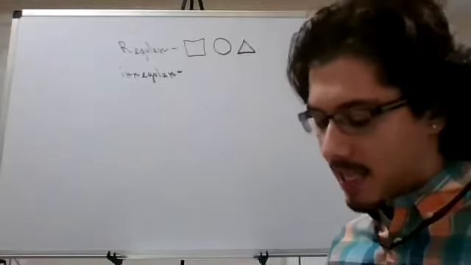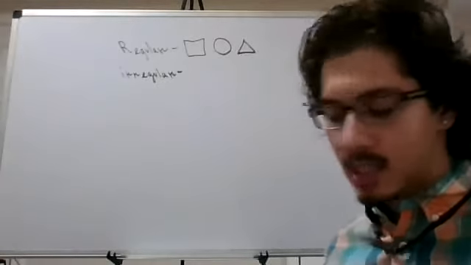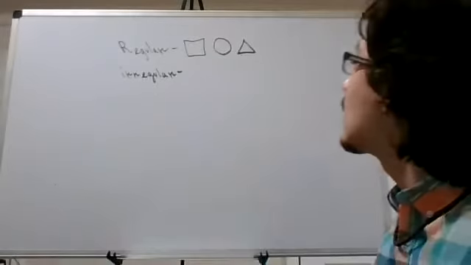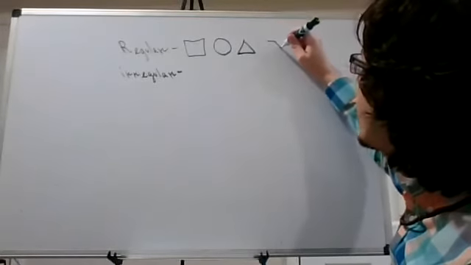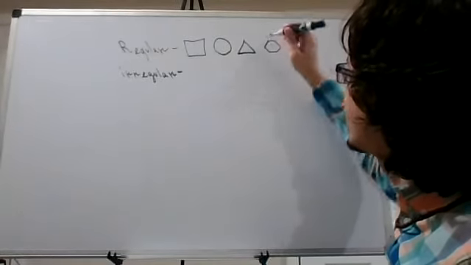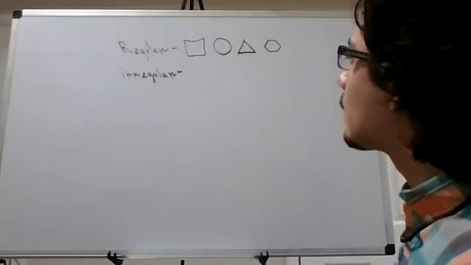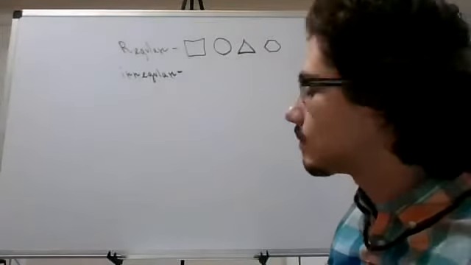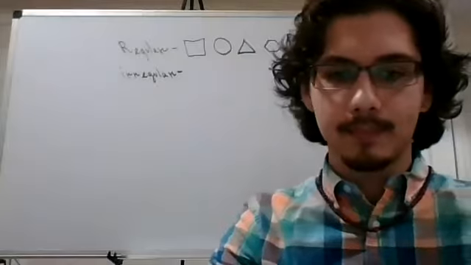Could I maybe have an example of some irregular shapes? Sir, can it be a hexagon? Hexagons can be a regular shape. A circle, sir. A circle is regular, typically.